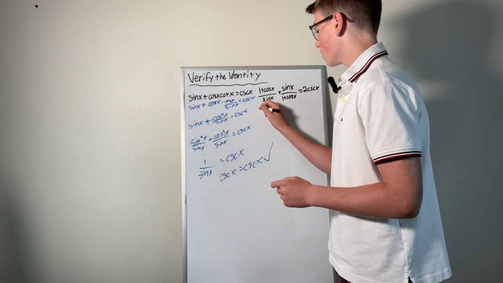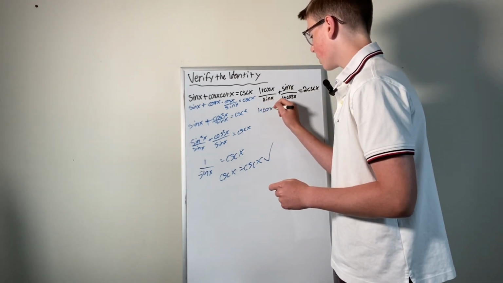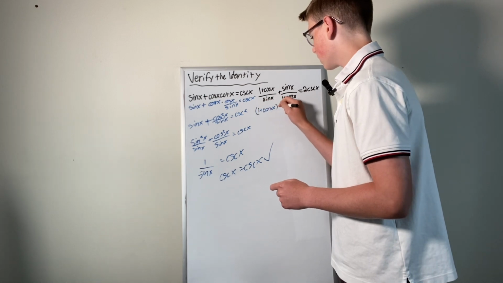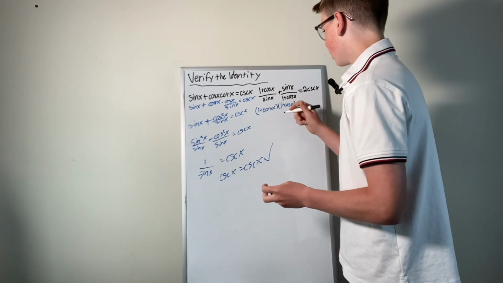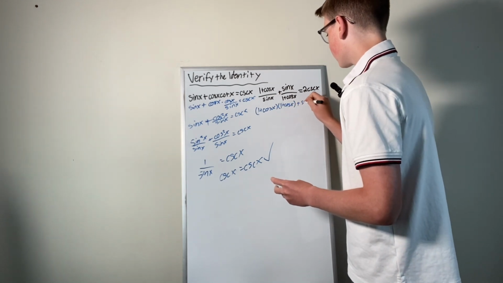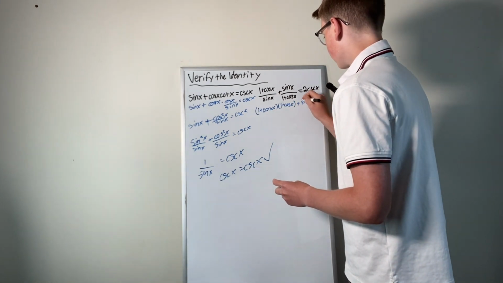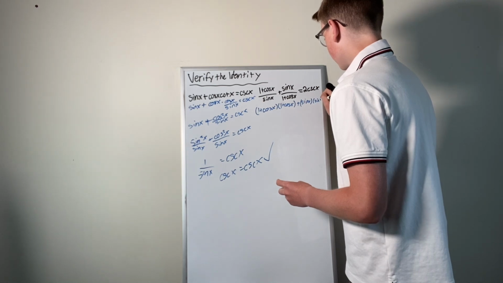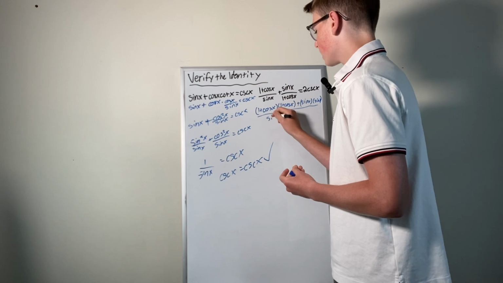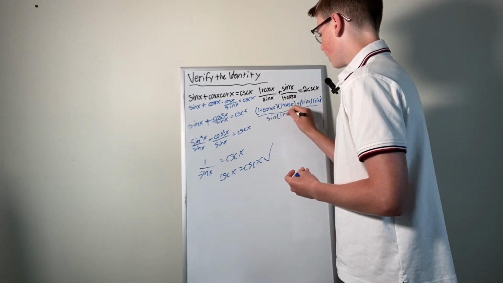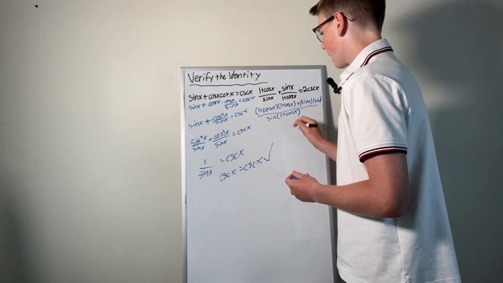So this is 1 plus cosine x times 1 plus cosine x, and then it'll all be under the same denominator, so then it's sine x times sine x, and we know that equals 2 cosecant x, and this is all over sine times 1 plus cosine x.